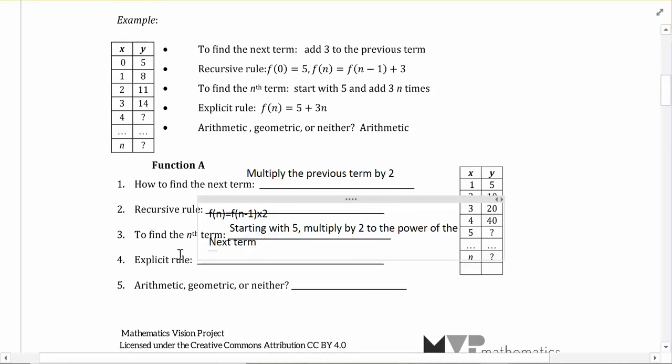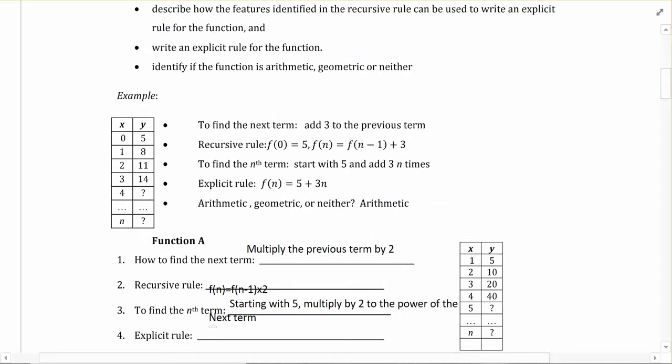So for example, let's see what that looks like.